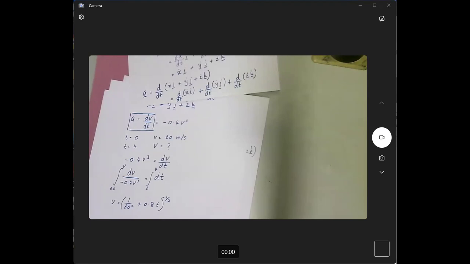And then find the velocity at time t equals 4 seconds by substituting t as 4 seconds.